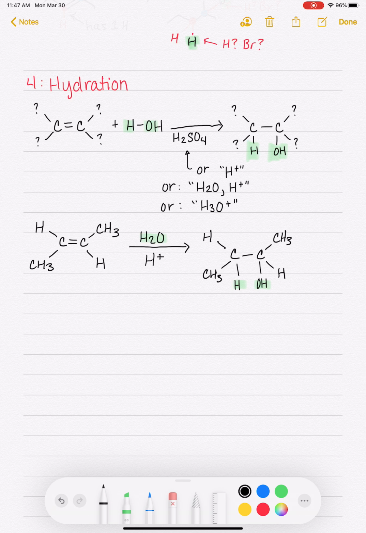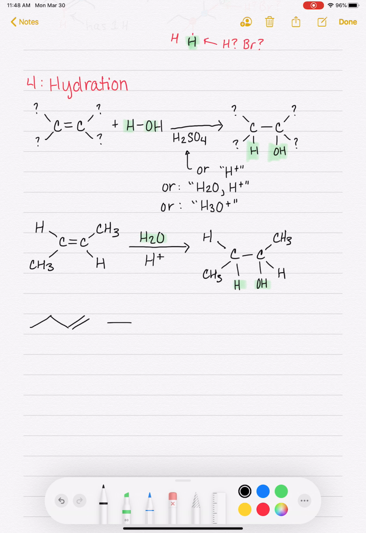So Markovnikov's rule in the hydration reaction is exactly the same as it is in the hydrohalogenation reaction. At least we have that much going for us. And let's practice a couple, and then let's go to the worksheet.